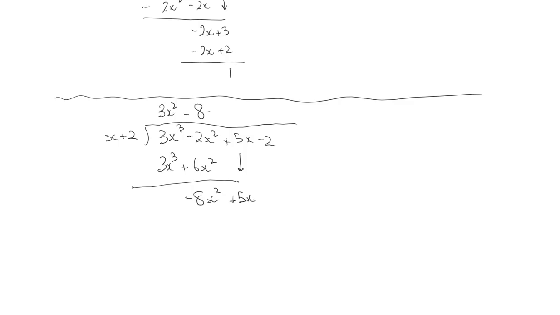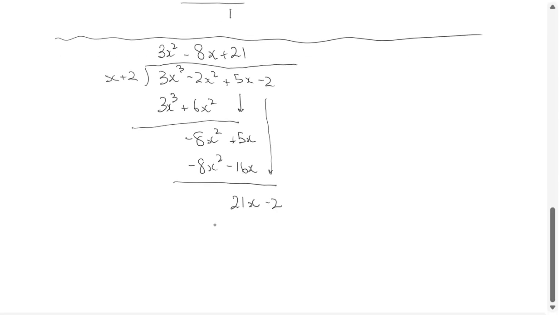And I am now negative minus 8x. Subtract 5x, subtract negative 16. Positive 21x. Bring down the minus 2. Plus 21 here. 21x plus 42.